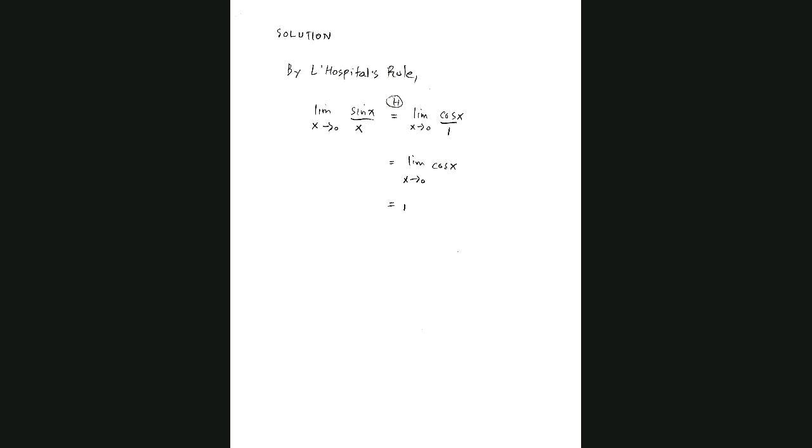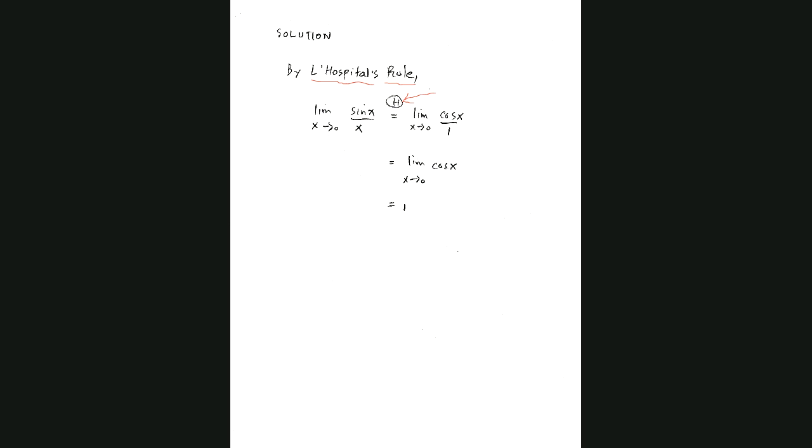Okay, and here's the solution. By L'Hopital's rule, the limit as x approaches 0 of sine of x over x is going to be, and now I'm going to apply L'Hopital's rule. When I apply L'Hopital's rule, I put an h above the equal sign. And that's what I would expect you to do in your work for this kind of problem.